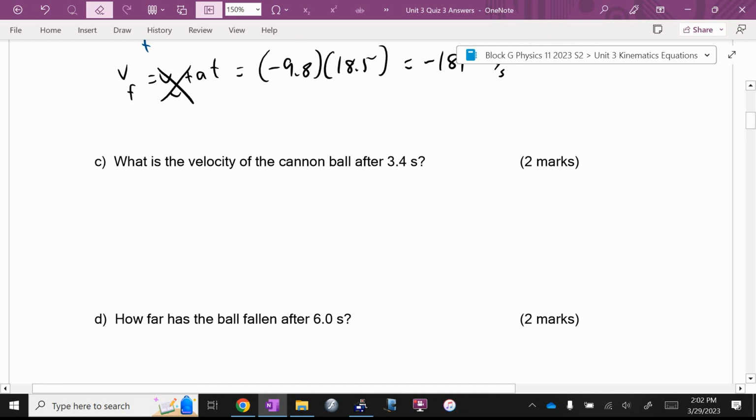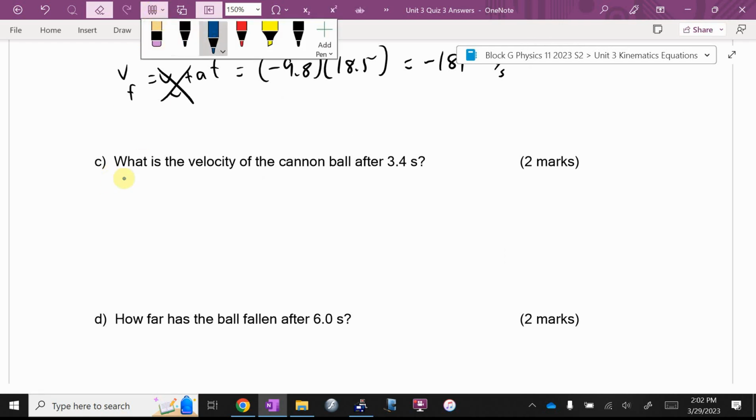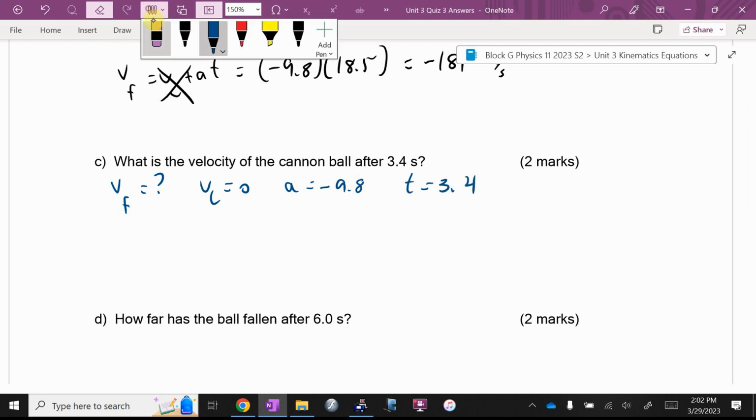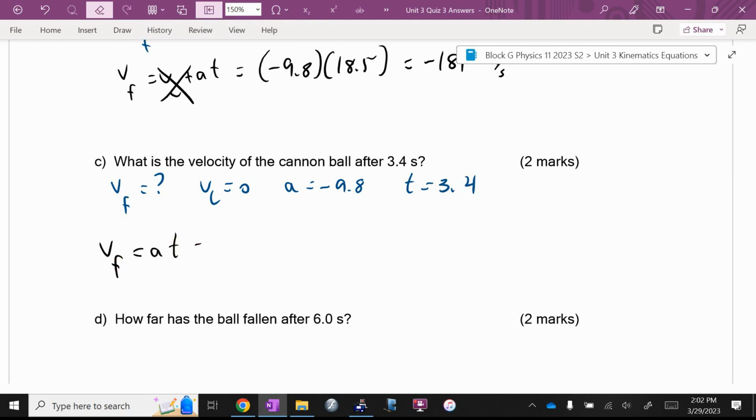What is the velocity? You know what? This is the same question as part B, except time has changed. So now I'm going to relist my data. VI is still 0, A is still negative 9.8, but T is 3.4. It's going to be VF equals AT again.